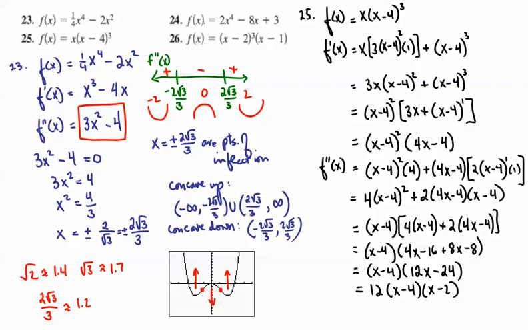If we're very fortunate, we have two potential points of inflection at x equals 4 and at x equals 2.